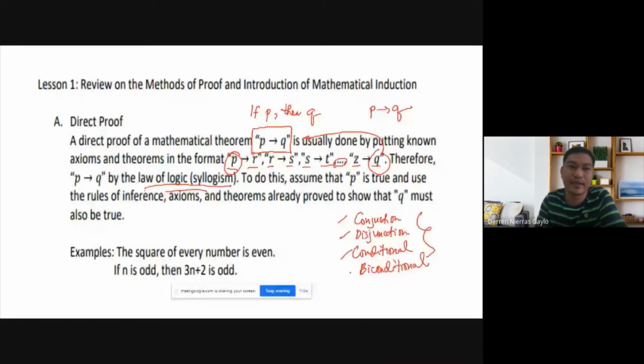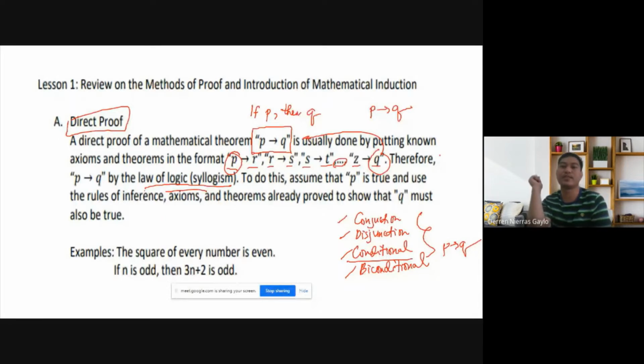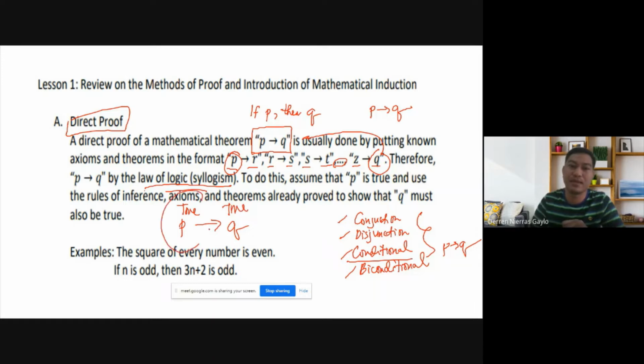So, in this direct proof, we are using the conditional, the if P then Q. To do the direct proof, you need to assume that P is true, and then prove that your Q is also true. Para gamiton nimo si P nga true siya, dayon dapat ma-prove nimo nga true si Q so that you can prove it directly.